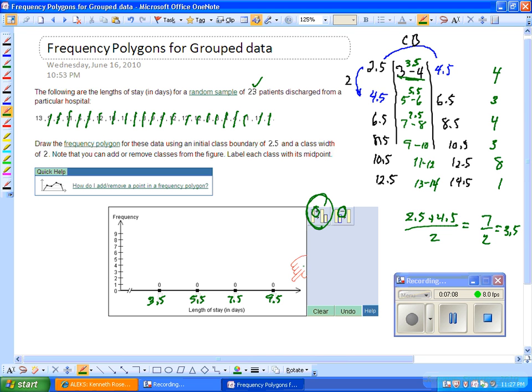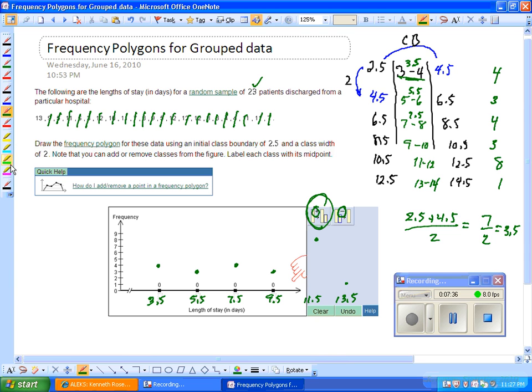And we'd have to hit this button twice because we'd need an 11.5 and a 13.5. Having hit that twice, we would then drag these up until we had this point here, 4. Then this point would be a 3, a 4, 3, 8, and a 1.